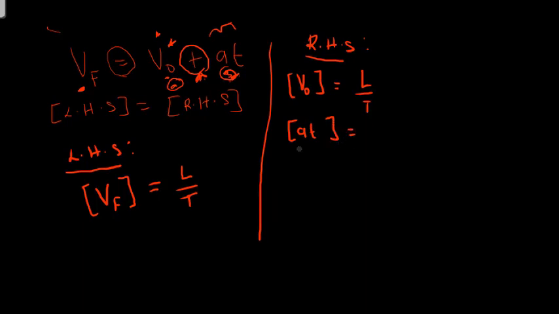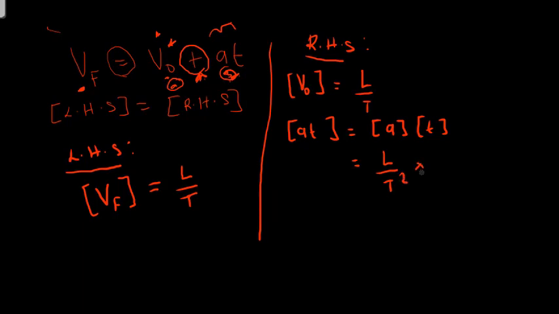All right, so since this can be treated as an algebraic expression, this is the same as saying dimensions of acceleration multiplied by dimensions of time. We know from the previous videos that dimensions of acceleration are given by capital letter L over T squared.